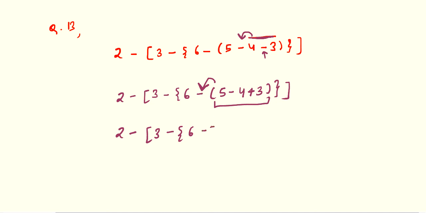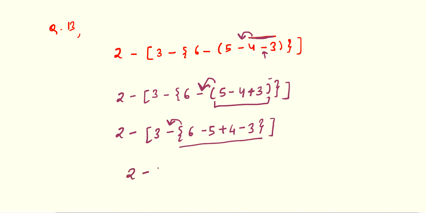So first this plus 5 will become minus 5, then minus 4 will be plus 4, and this plus 3 will be minus 3, and this small bracket is solved. Now this one is your curly bracket, and before this curly bracket you have a negative sign, so definitely this negative sign will cause some changes inside this bracket.